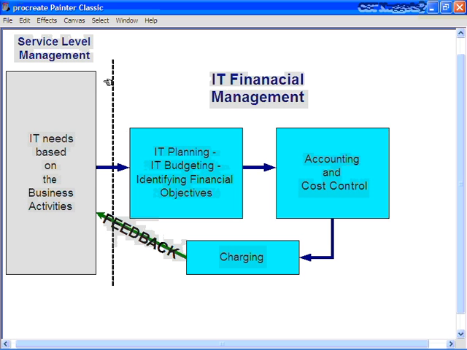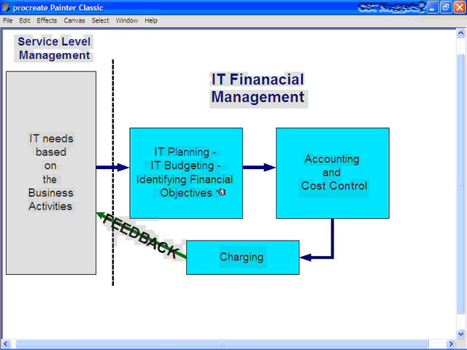What this leads to, first of all, is the first phase where you have IT planning, IT budgeting, and identifying the financial objectives. All of these things work together to support the developing of an investment strategy that gives you flexibility to incorporate newer technologies, cutting edge technologies, while also meeting the bottom line business needs of your organization.